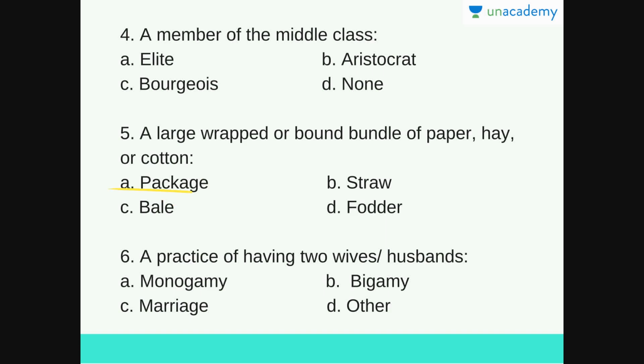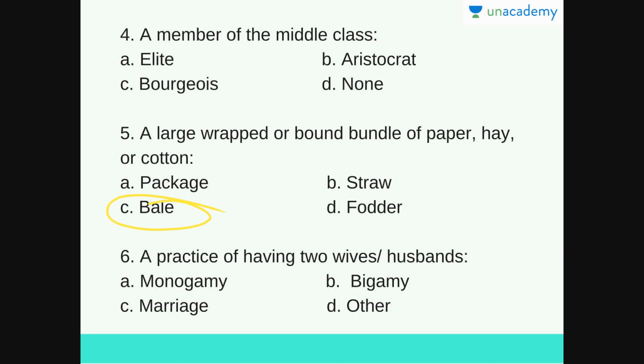You have your package, which is something that is packed. You have straw, and fodder is the food of livestock, what you give to the cattle. So don't get confused. Bale is a large wrapped or bound bundle of paper, hay, or cotton used for storage or transport.